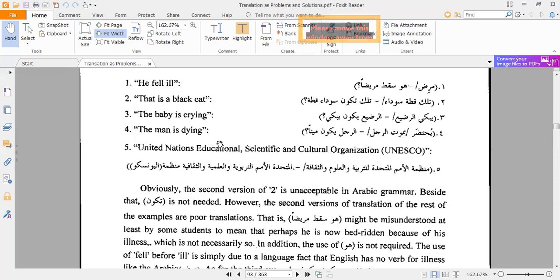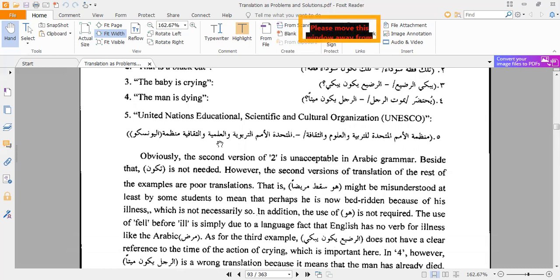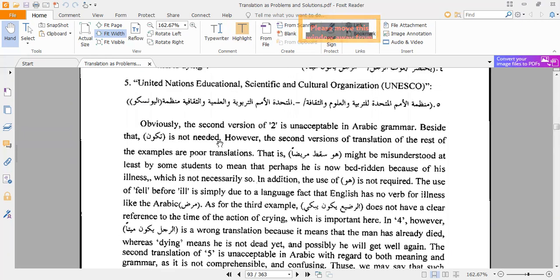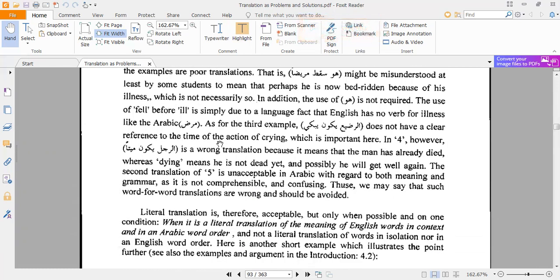Because the translated sentence is incorrect and does not give any specific meaning. So here in "he fell ill", هو سقط مريضا, I translated fell only to make up the sentence. In English we can form the sentence without fell. There is no need to translate fell, because in English I have no verb for ill, while in Arabic I have a verb for ill, يمرض, so I use the verb form and that's it. In English we use the verb fell only to make the sentence grammatically acceptable.